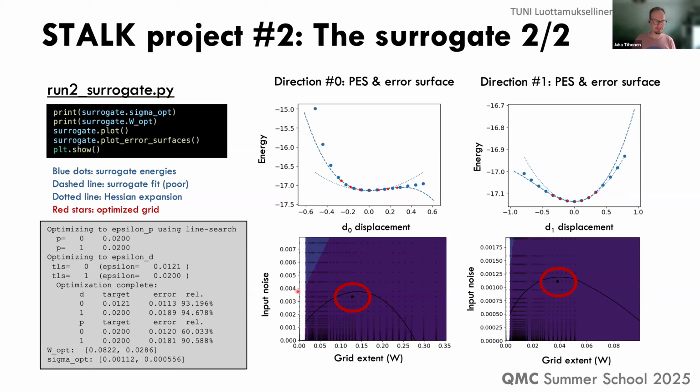And how it looks is that the direction number 0, the first direction, was mapped originally this far along each direction of offset. And then upon optimization, we get this grid based on these red stars here.